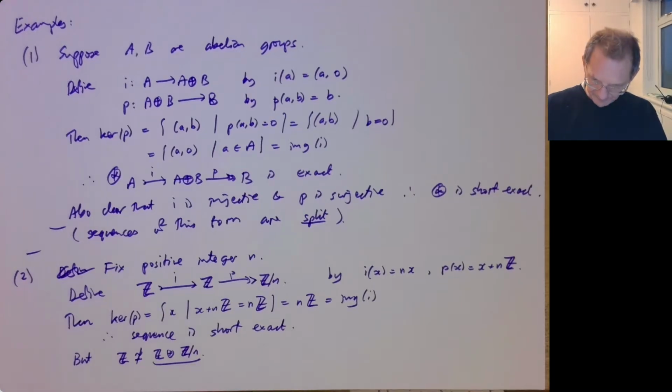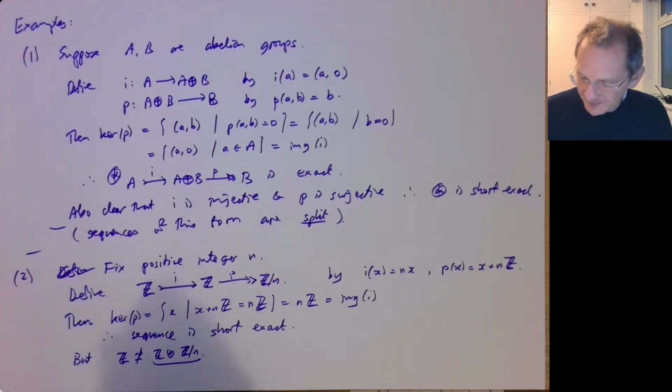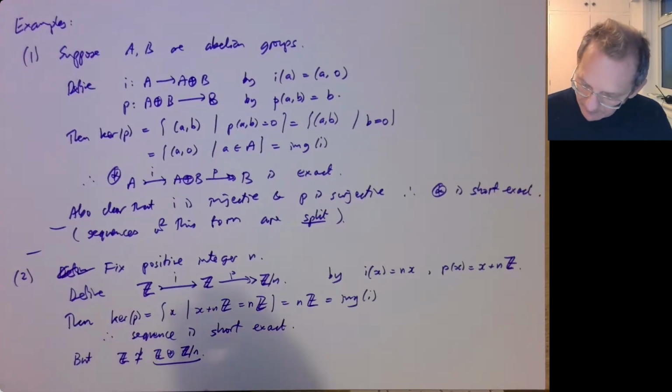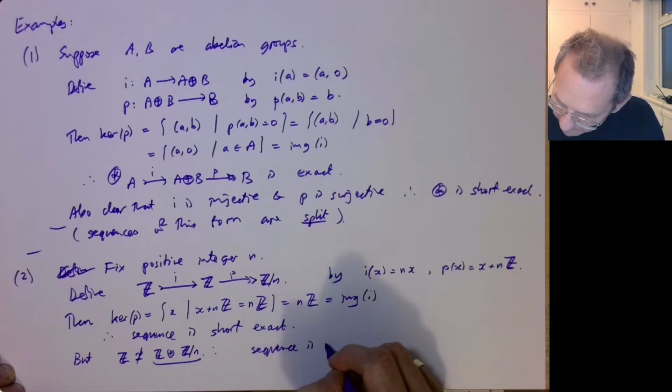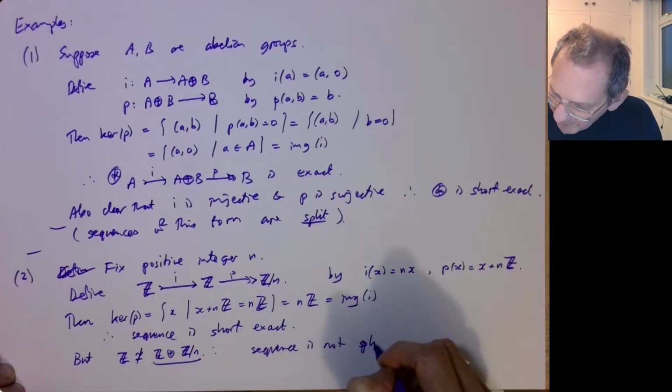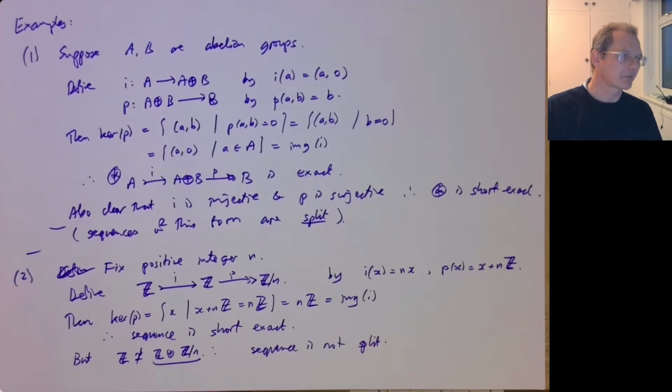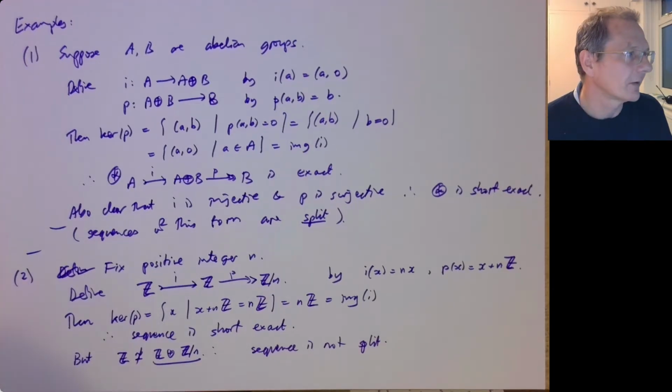So we don't have any elements of order n on the left-hand side. So these groups are certainly not isomorphic. So it's not a split sequence, right? It's not of the same type as we mentioned in example 1.